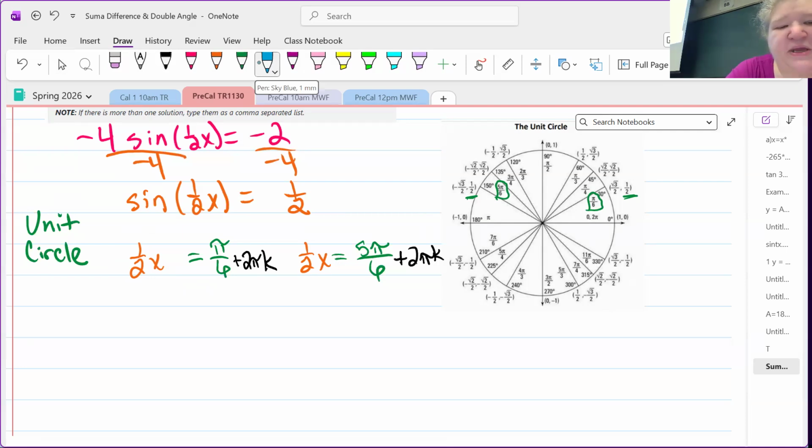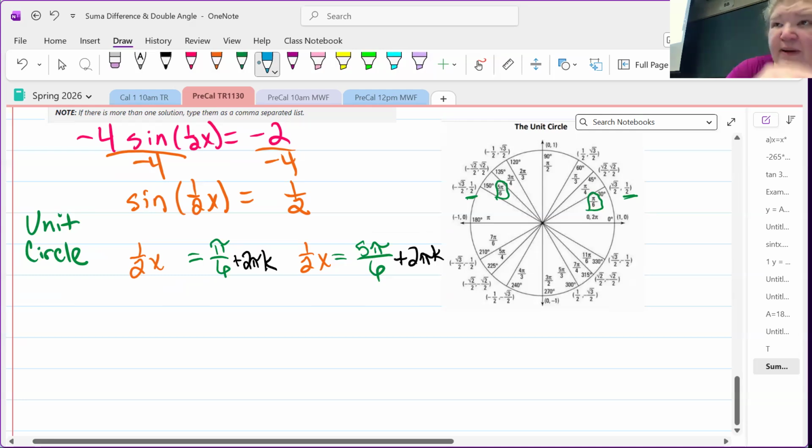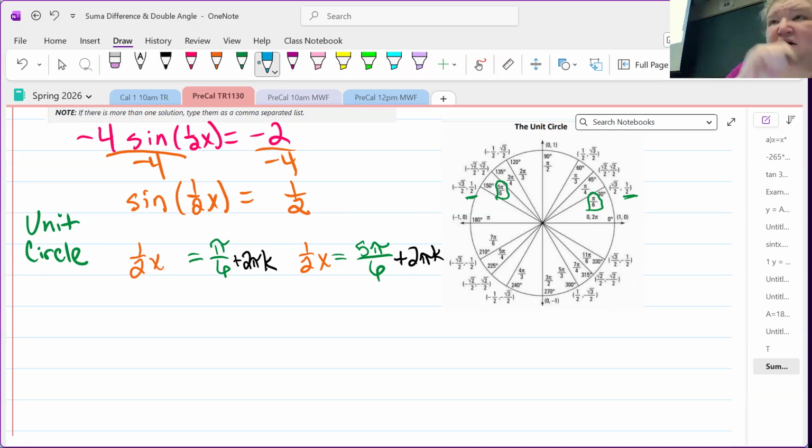So the 1/2 is being multiplied to the x. So I can divide by what I'm multiplying by. I can divide by 1/2. Dividing by a fraction is the same as multiplying by the reciprocal. So I can also multiply by 2. And whatever I choose to do on one side, I choose to do on the other.